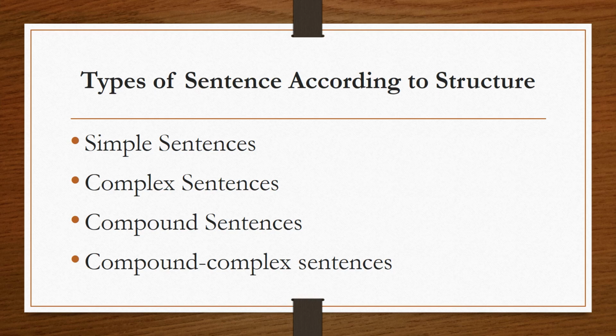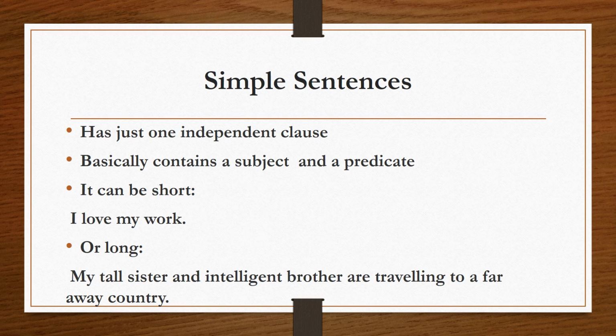We have the simple sentences. They are simple, as we are going to find out. Then the complex sentences, the compound sentences, then the compound complex sentences. So these are the ones that I will give you some details about. Right, let's start with the simple sentences.